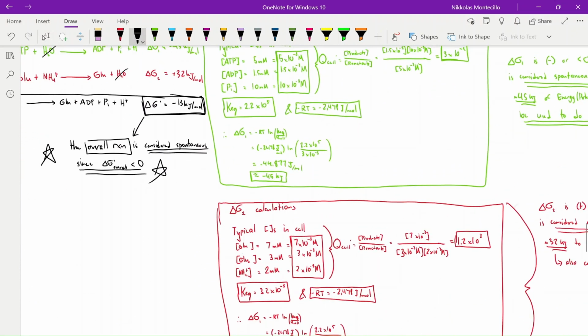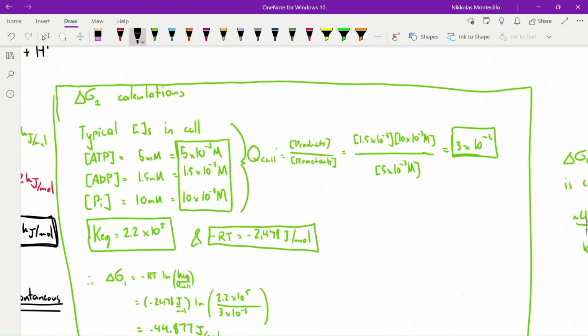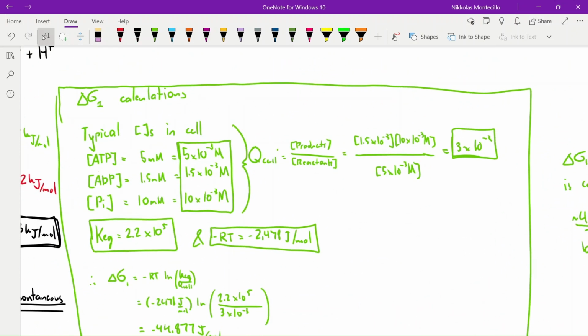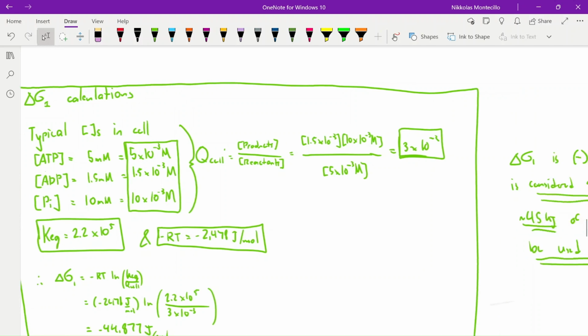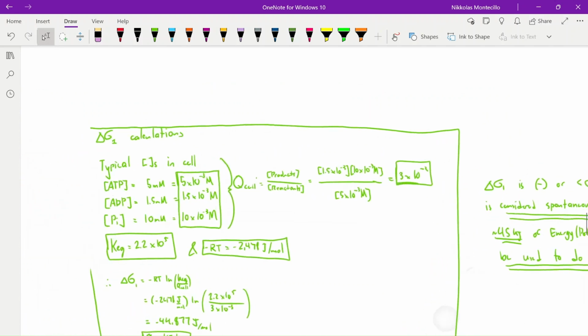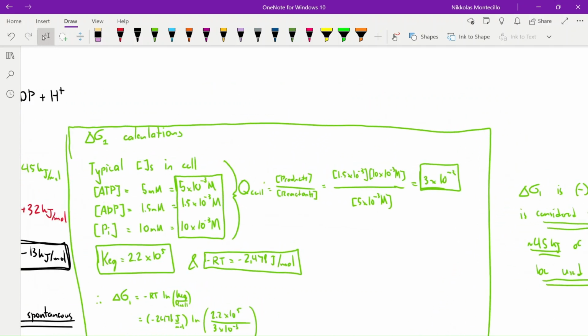And then these are just the energetics diagrams. So these are just values that I obtained from my lectures, but I'm pretty sure that this information can be found under standard conditions. These are the actual concentrations that you'll be dealing with. So the concentration of ATP is 5 millimolar. The concentration of ADP is 1.5 millimolar.